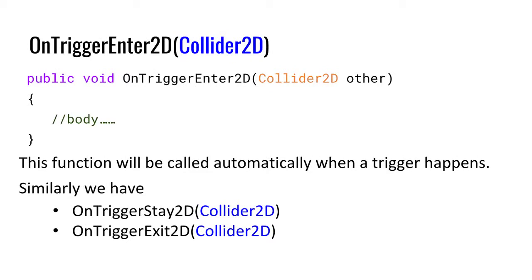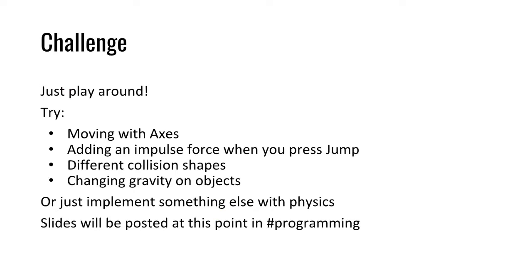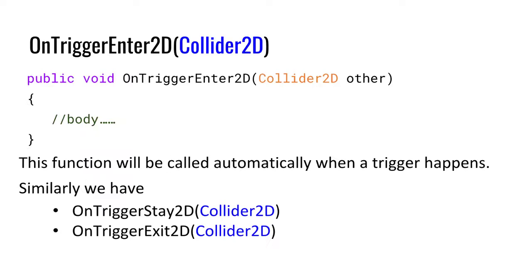Those are slightly different, and you can look up what exactly is in a collision versus a collider. But basically for the collider, we can just get its game object directly, and so on. Does that make sense?